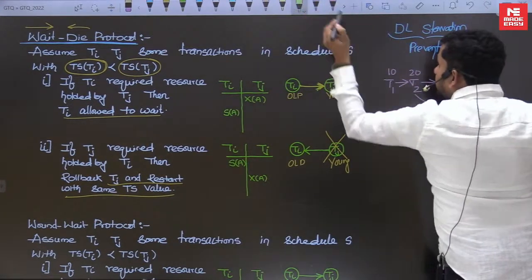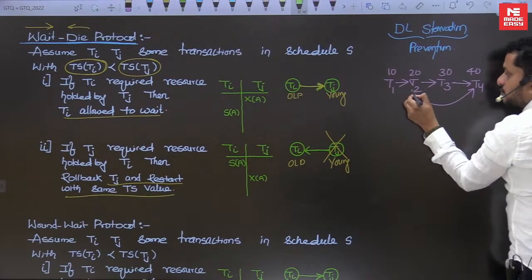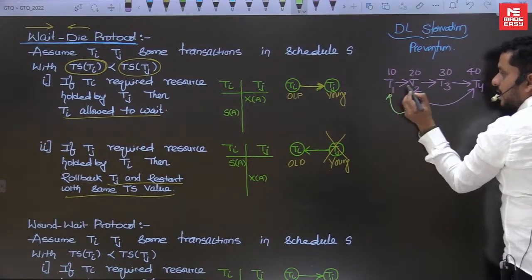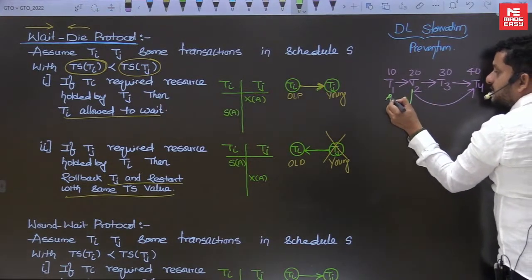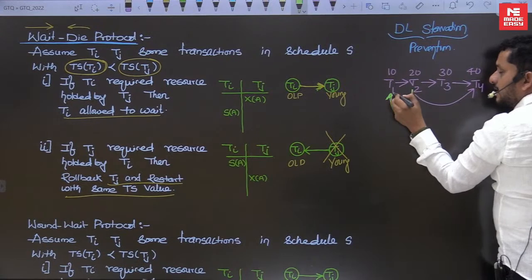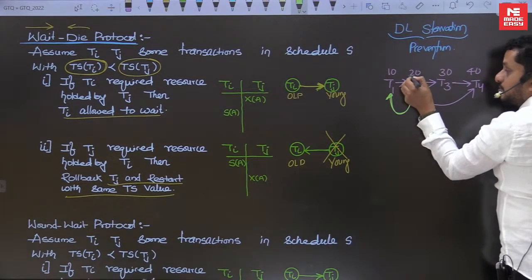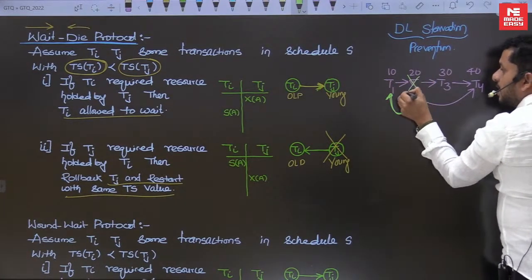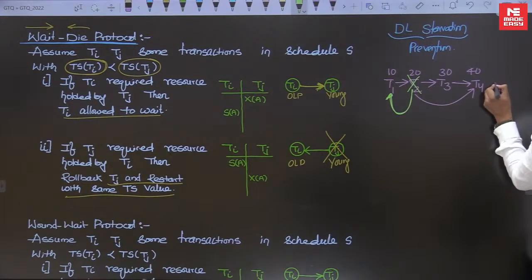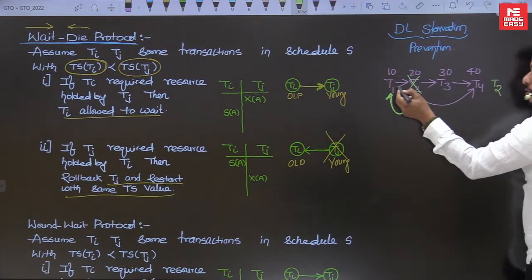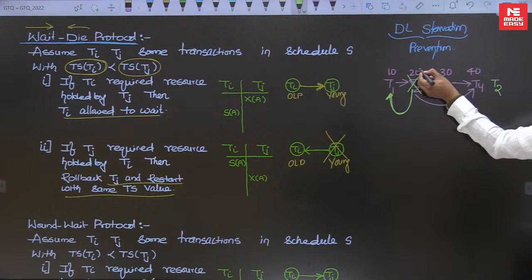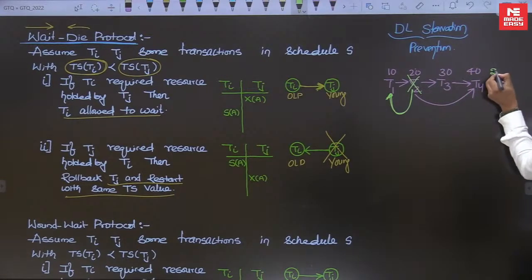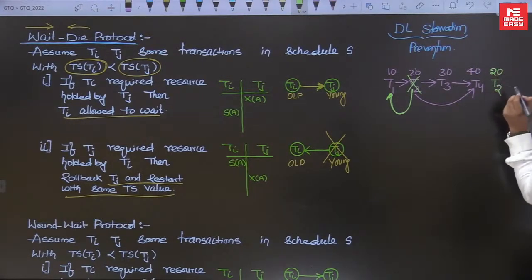But if T2 requires a resource held by T1, the older transaction, it is not allowed to wait. T2 gets rolled back, and because of the rollback there is no cycle, meaning no deadlock. It restarts with the same timestamp value.